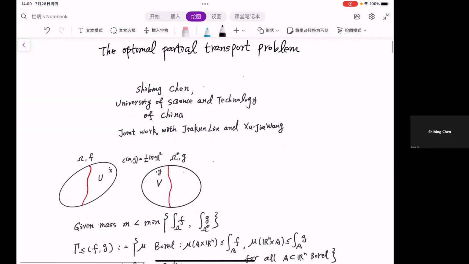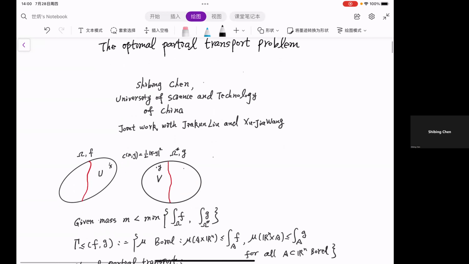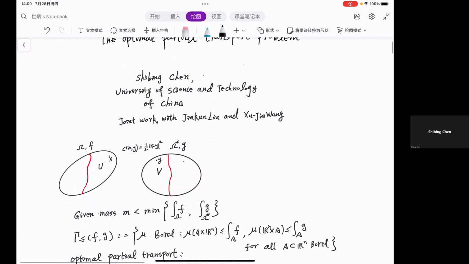I think the day before yesterday, Jiakun already talked about the classical optimal transport problem and its application. Today I will talk about a more general case, which can be seen as an extension of the classical optimal transport problem, which also arises in some applications.